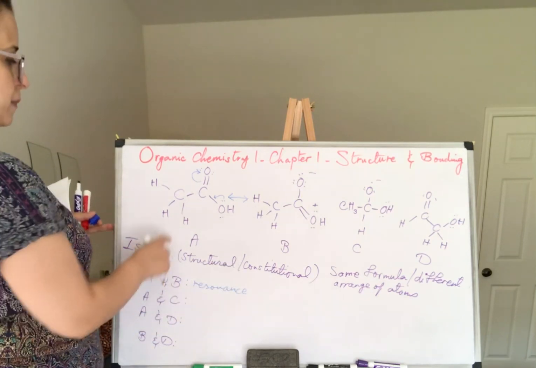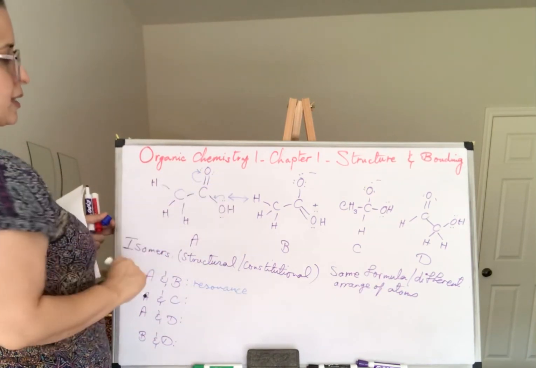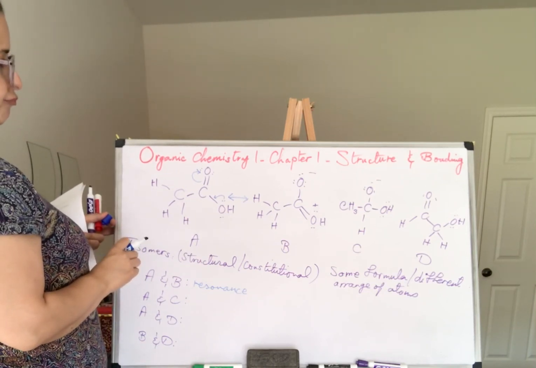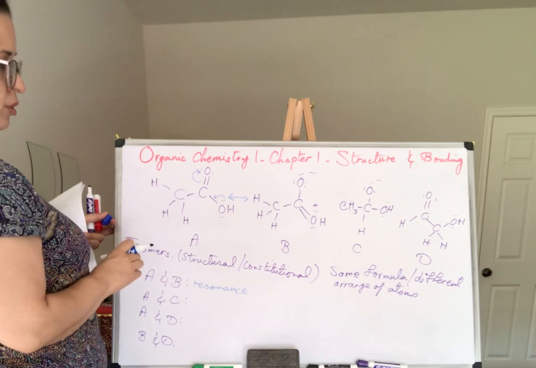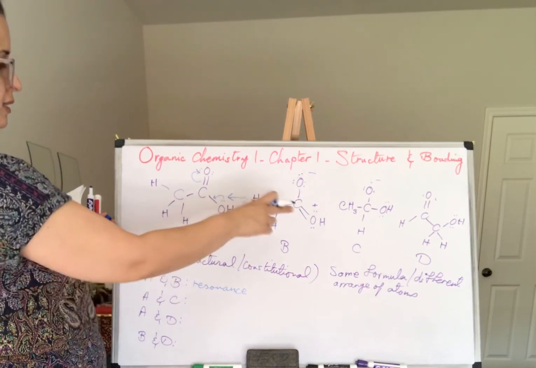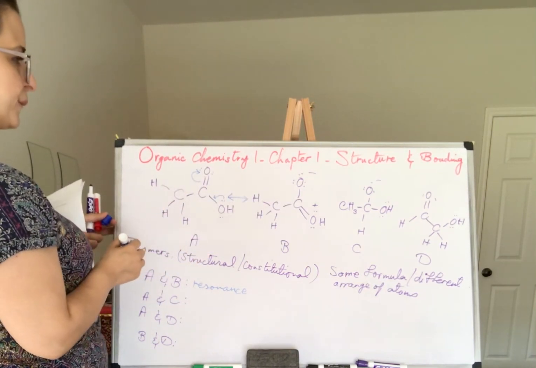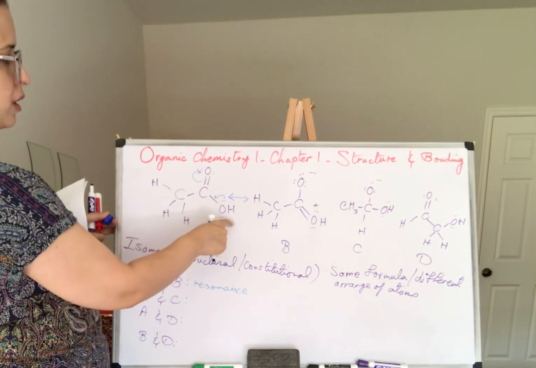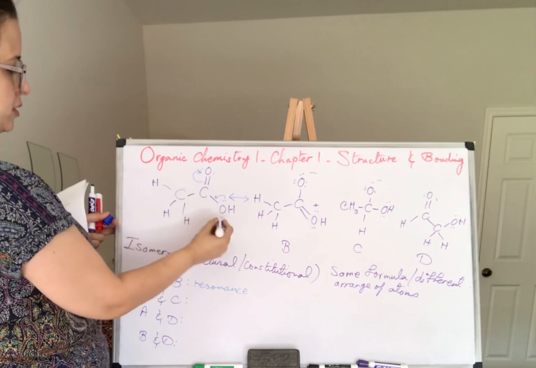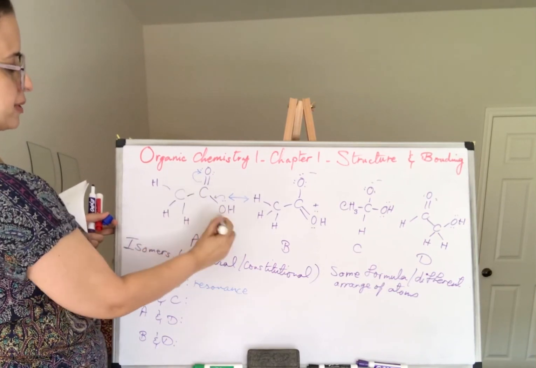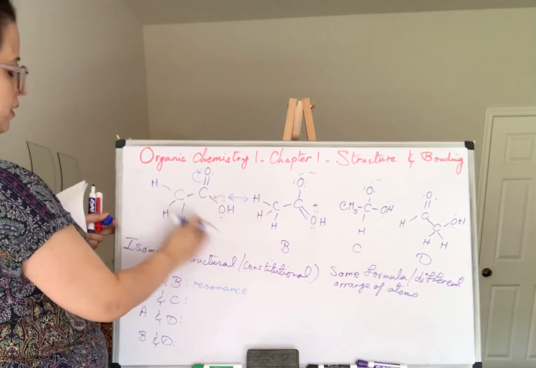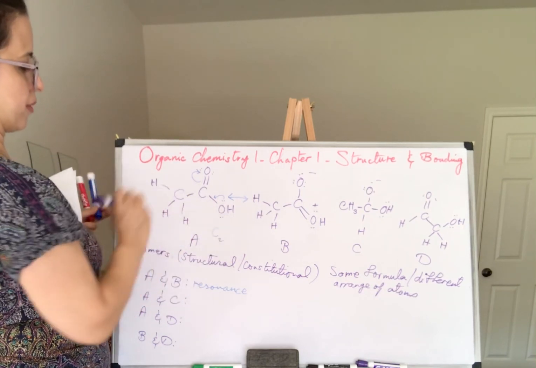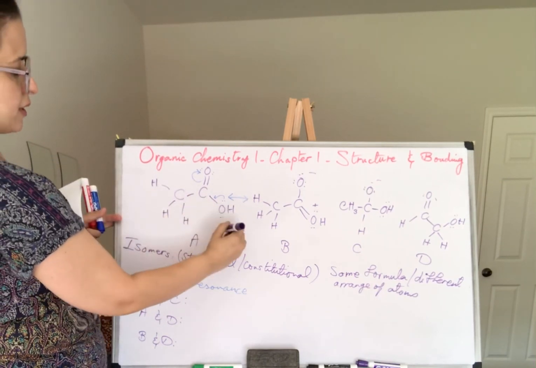A and C. I see totally different, no, not totally different. Are A and C isomers? Let's check the formula. How many carbons in compound A? 2 carbons. How many hydrogens? 4.